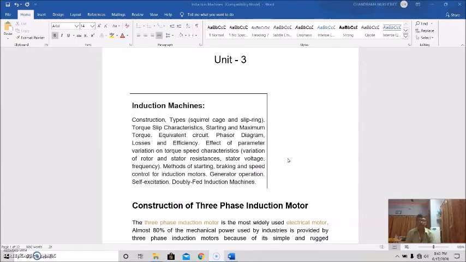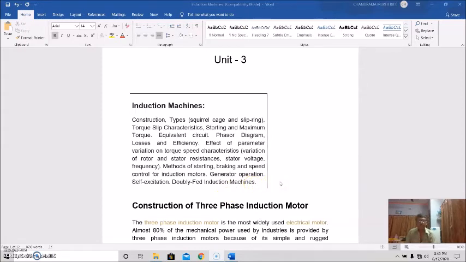Then, when the induction machine is operated as a generator, that is generator operation, self-excitation, and so on. These topics will be covered in Unit 3 or Module 3.